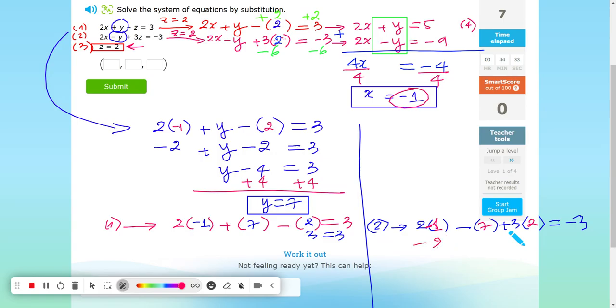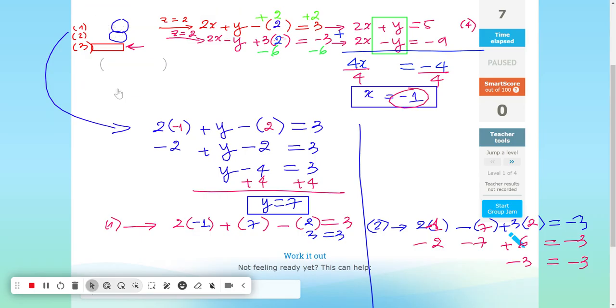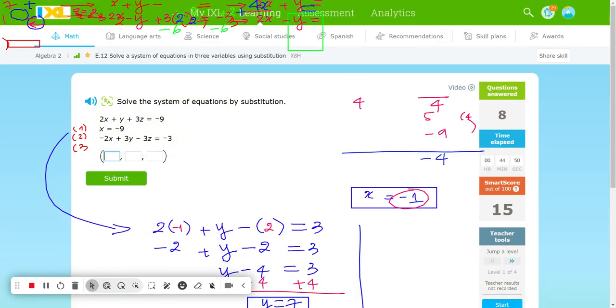I come out negative 2, negative 7, and then plus 6 equal negative 3. So negative 2, negative 7, negative 9 plus 6 becomes negative 3. Both sides equal negative 3, so I am correct. So x is negative 1, y is 7, and z equal 2, and then I'm done. Okay, voila.